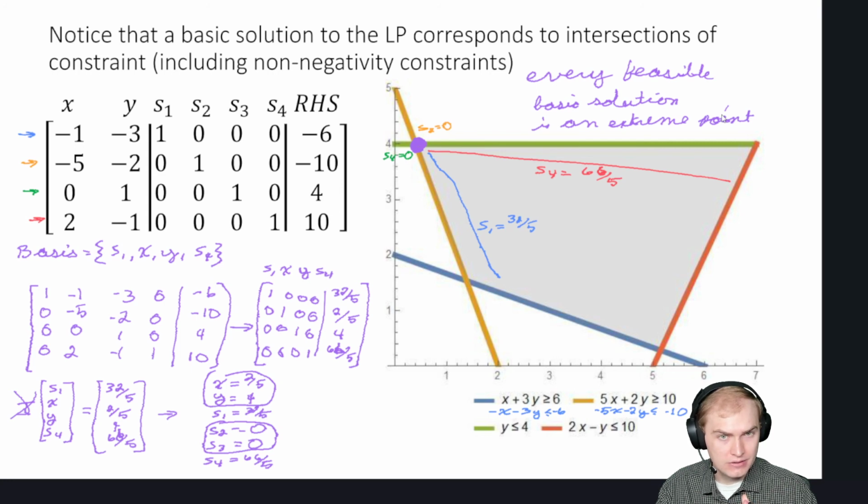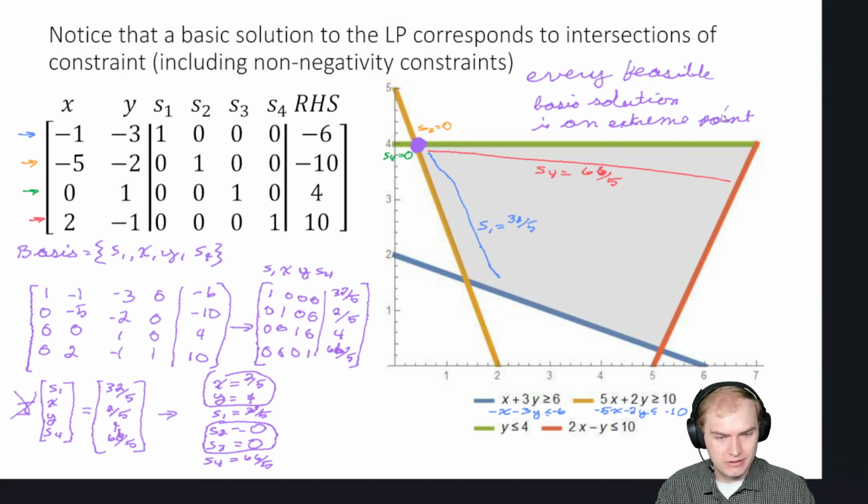So today we have learned how to search for extreme points of LP feasible regions, which is a big important step. The next several lectures will be determining how to intelligently search all of these extreme points.